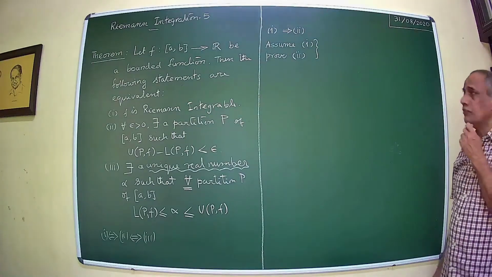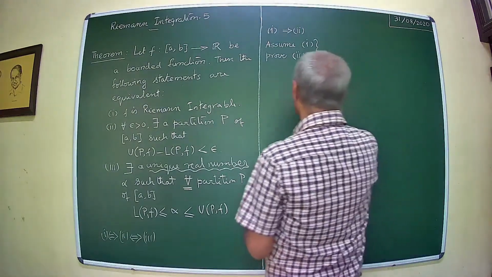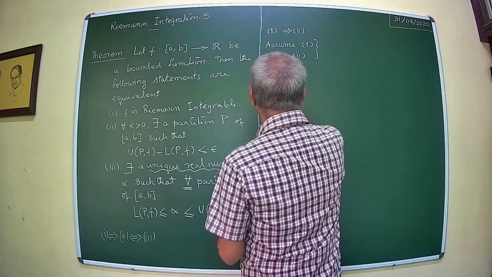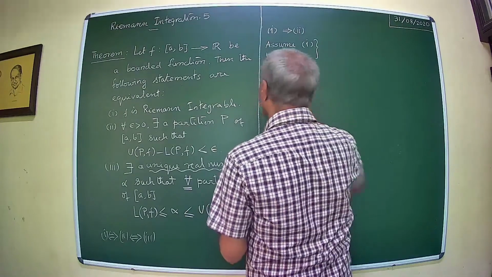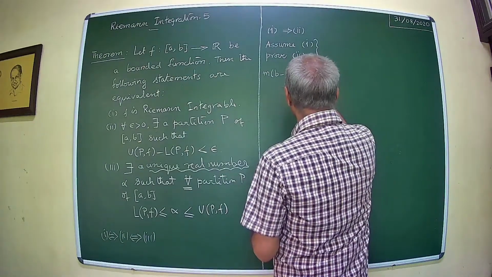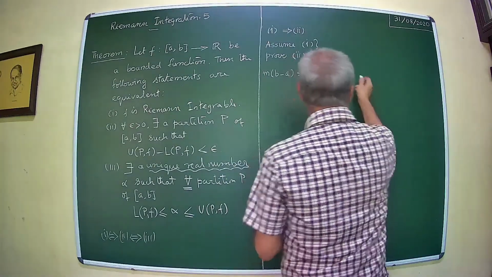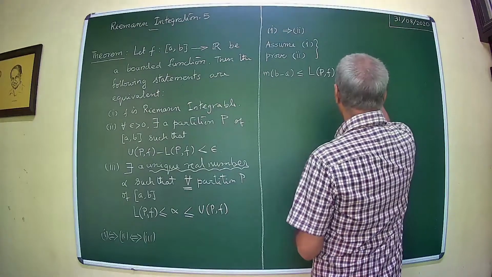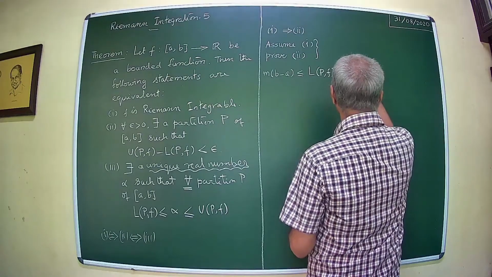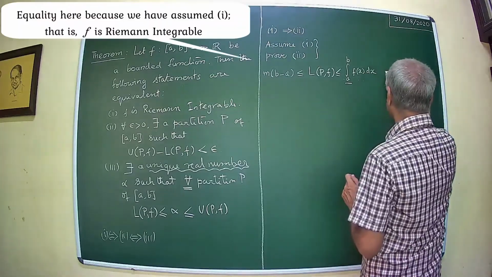One should be clear about what exactly you assume, what exactly you prove. Okay, what does the first statement say? The first statement says that you have the following: small m times (b minus a) is less than or equal to ULCF, is less than or equal to the lower integral from a to b. And the second part of it is this.